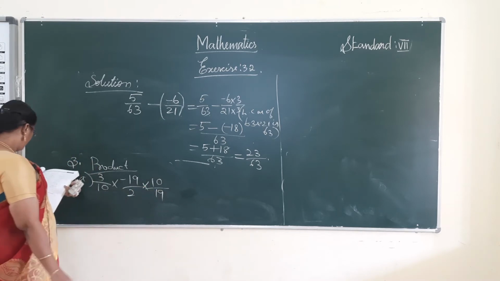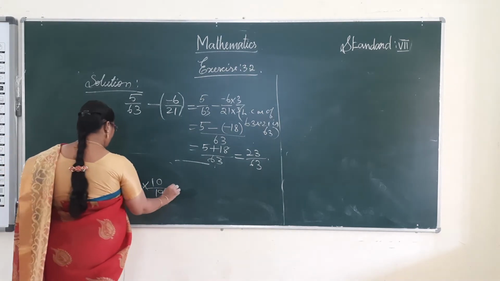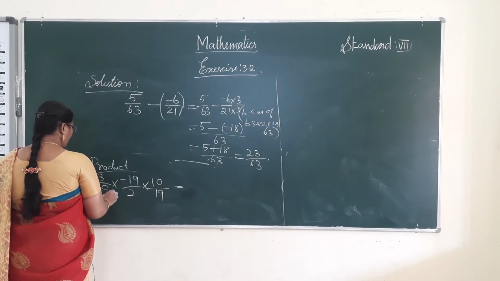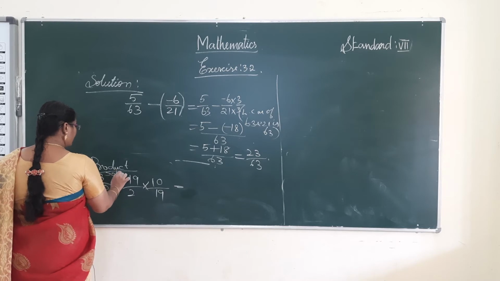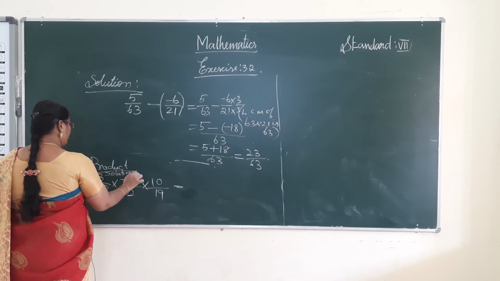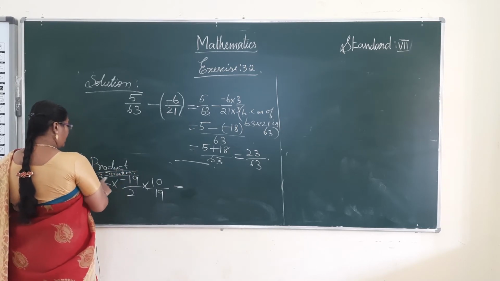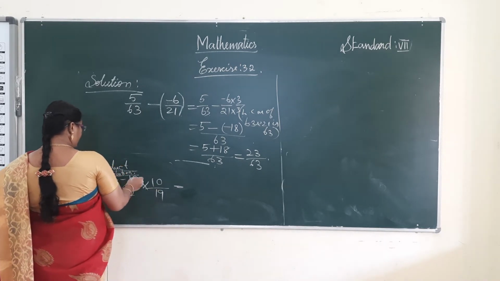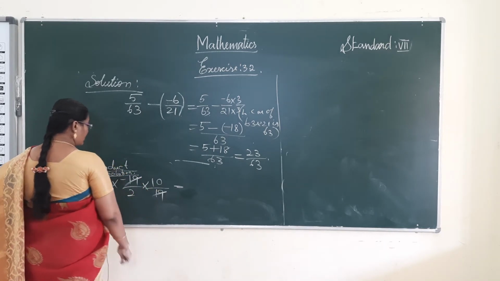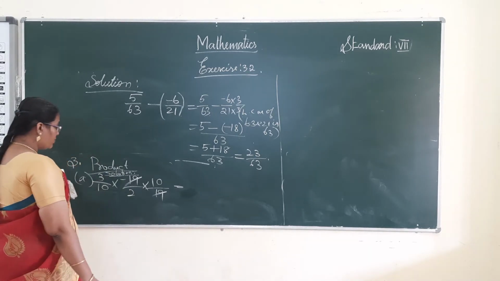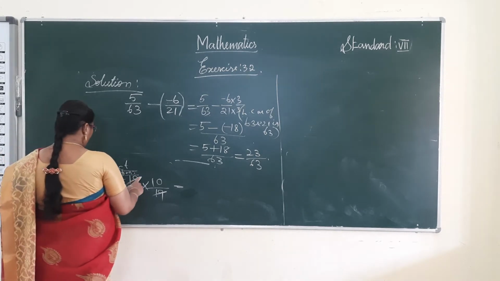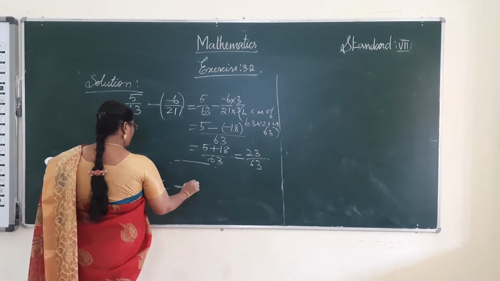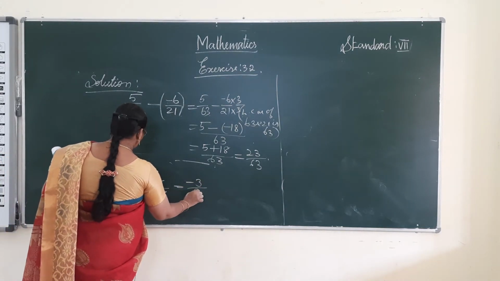Solution: multiply the numerators. Can you cancel any values? Yes, 19 1s are 19, cancelled. So here minus 1 only. 10 and 10 will be cancelled. So what remains? Minus 3 by 2 is the answer.